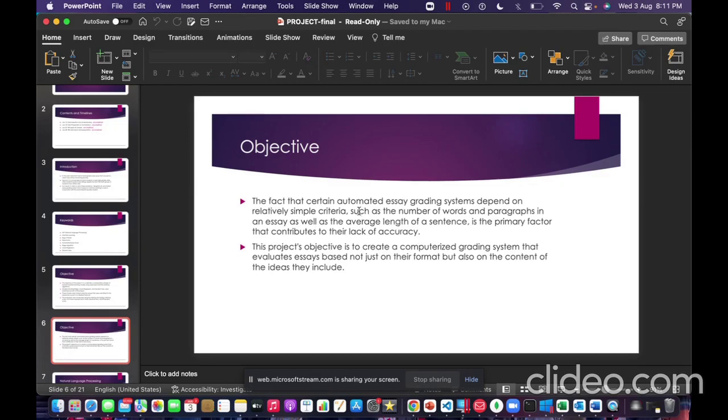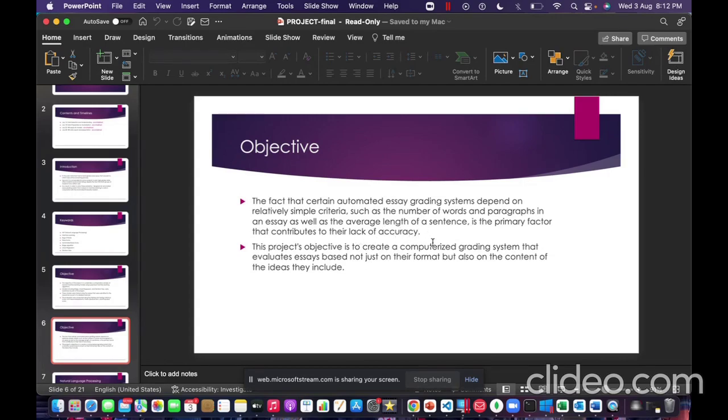We all know that we already have certain automated essay grading systems. Those systems grade based on the number of words and the length of the sentence. This may show some lack of accuracy, because even if the essay is good and is related to the question, but has fewer words and fewer sentences, it will give a very low grade.